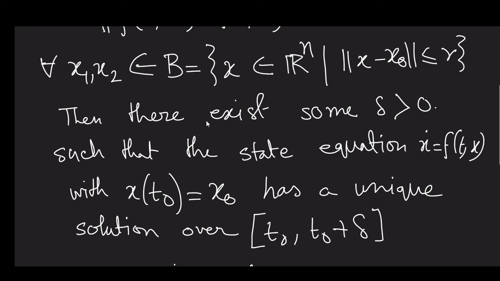We are defining the localness in terms of the state variable x, not in terms of time. But while defining the range of solution, we are defining it as t0 to t0 plus delta.